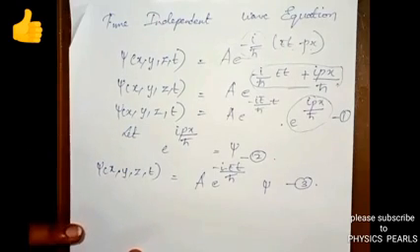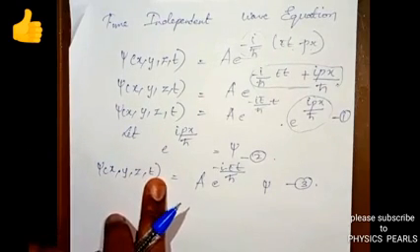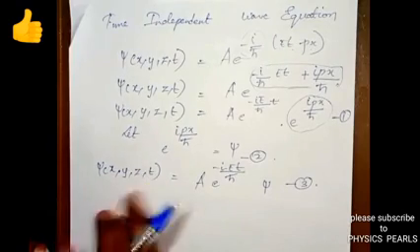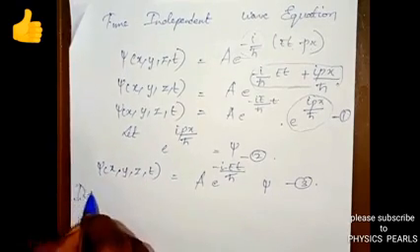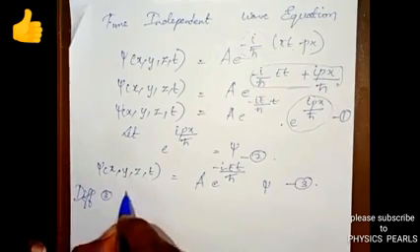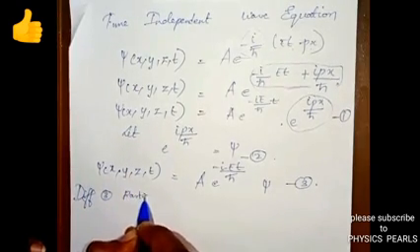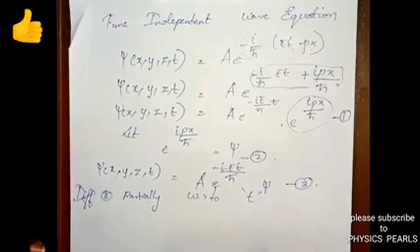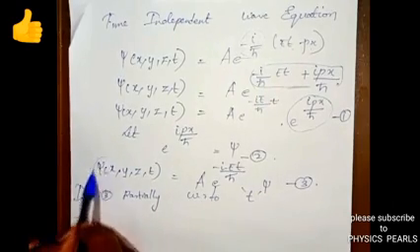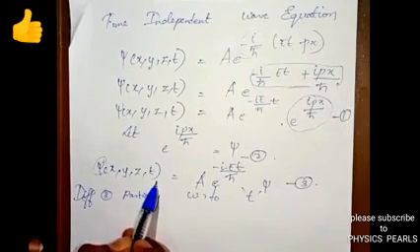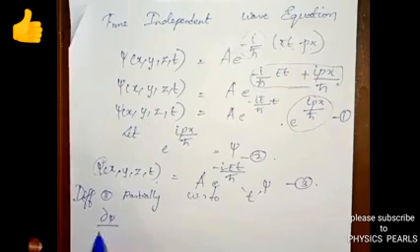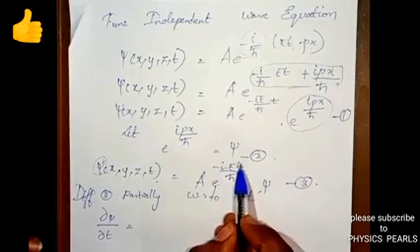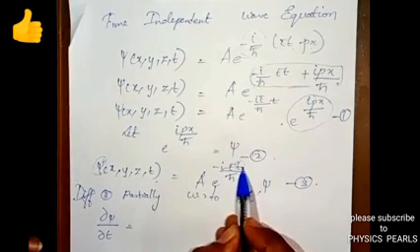Now we are going to differentiate equation number 3 partially with respect to t. So this is having the term t. When we differentiate it partially with respect to t, we take dou psi by dou t, and here we have the t term in the exponential power.